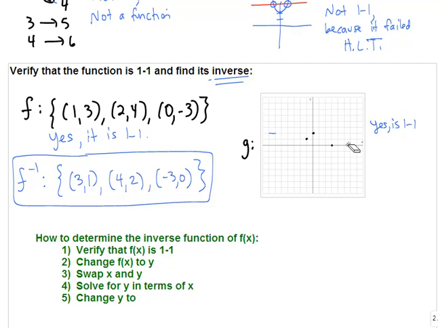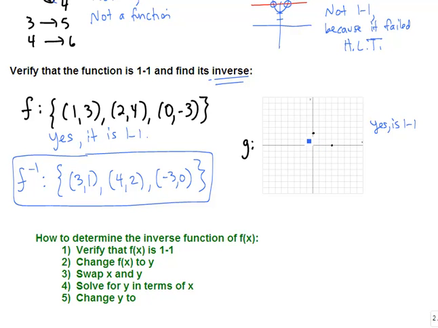Then to figure out what the inverse function is actually going to be, it's sometimes helpful to figure out what these coordinates are. So this first dot over here on the left is at negative 1, 1. So in the inverse, when we swap that around, it becomes 1, negative 1, and would get graphed right here. So the inverse of this dot is this red dot.